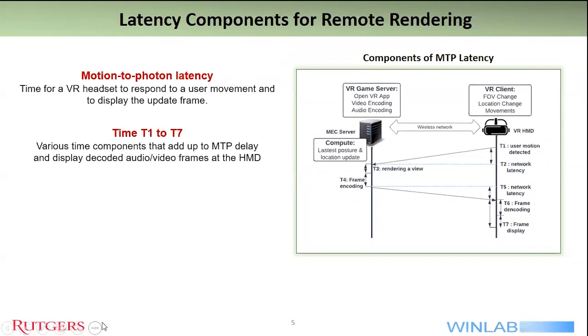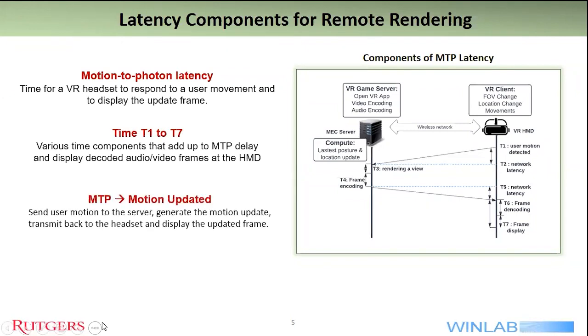Another important factor here is motion to update, which means as soon as any motion at the client's end, in terms of the HMD or the handheld controllers, is realized, how soon that is sent over to the remote server for the rendering process. That's very important because it determines a major part of the latency, the network transport latency.